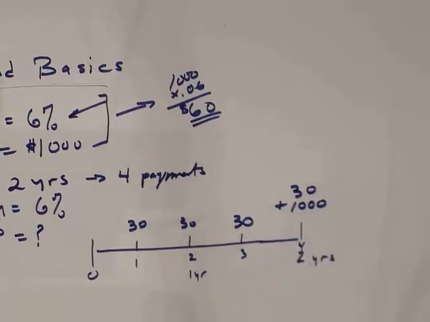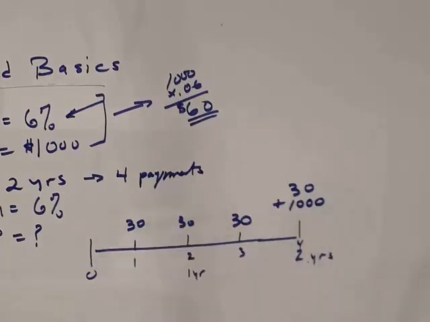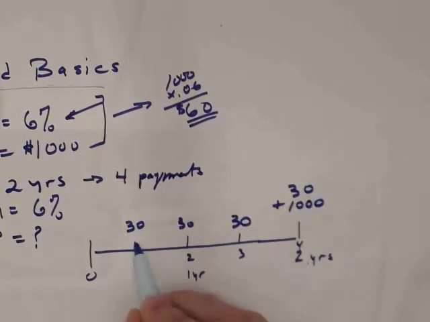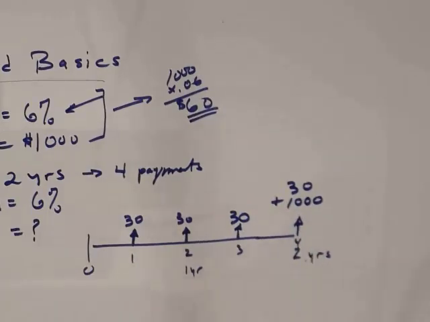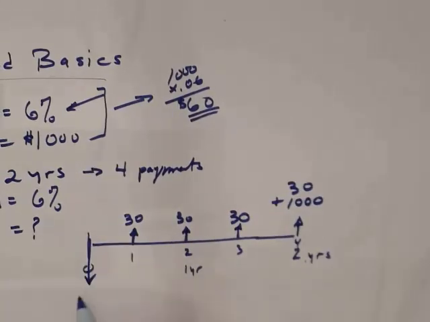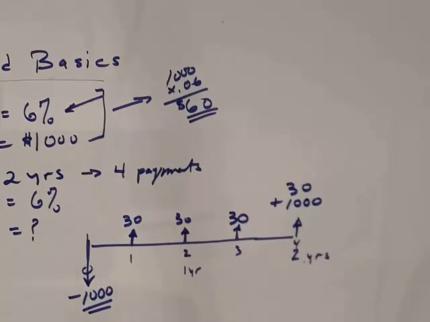So the way to look at the cash flow, maybe this will help you later on, is that you often put up arrows, meaning positive cash flows are indicated with an up arrow. And when you buy the bond, this bond, we'll see in a minute, is worth $1,000.